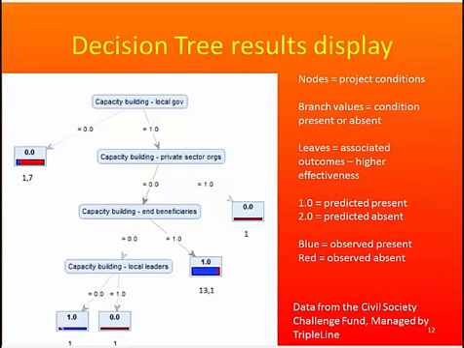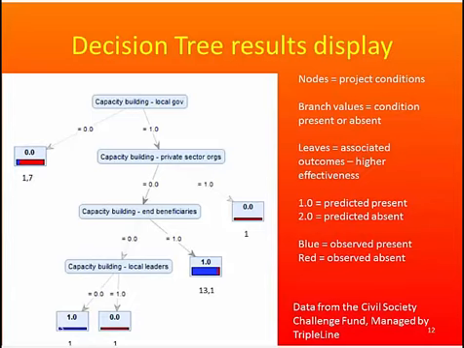In this decision tree, we can see 5 branches, each of which describes a particular configuration of conditions. The tree represents the findings of an analysis of data on a subset of projects funded by the Civil Society Challenge Fund. The leftmost branch tells us that the absence of capacity building at the local government level was sufficient for projects to be ineffective in achieving their objectives in 7 of 8 cases.